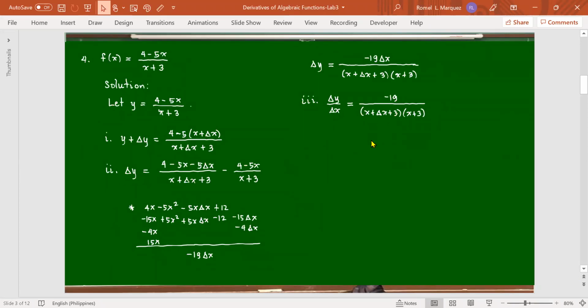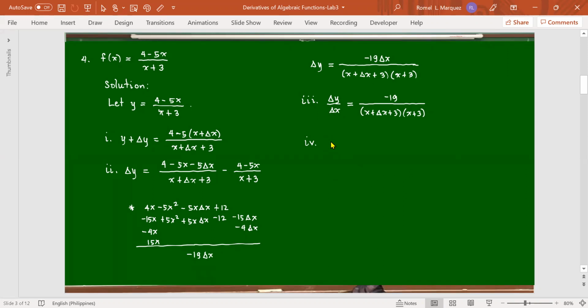Let's continue. So again, how do you interpret delta y over delta x, guys? That is average rate of change. Okay, children? We call this average rate of change. So if you take the limit of this average rate of change as your delta x approaches 0, that is now instantaneous rate of change, sometimes simply rate of change.